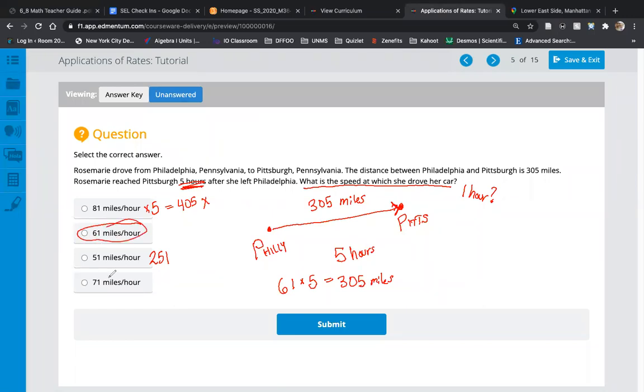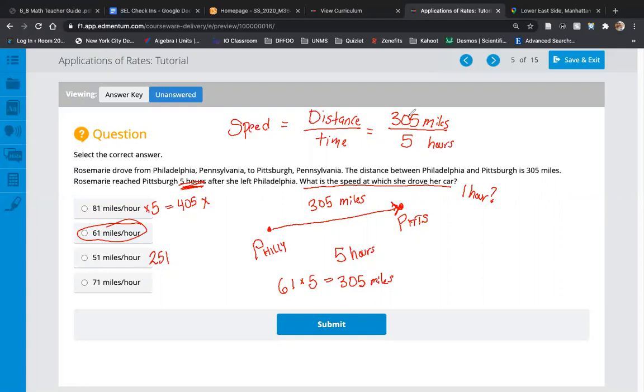But if you want to figure it out the way it showed us in that video, all we have to do is remember that speed is defined as distance over time. So how far you went divided by how long it took you to go there. That's simple. In this case, the distance they traveled is 305 miles divided by the 5 hours it took her to get there.